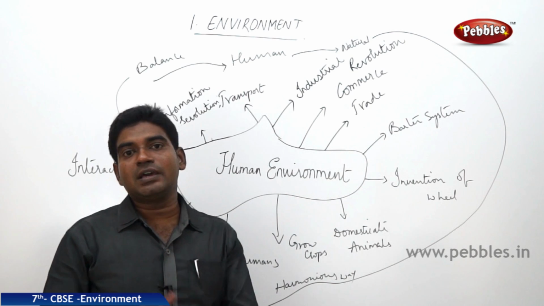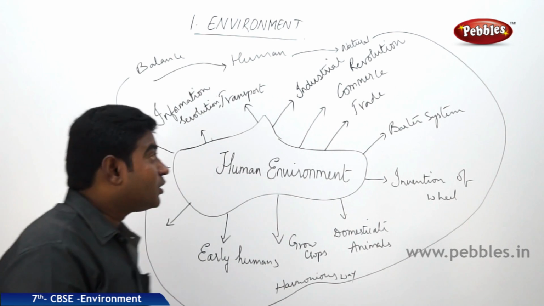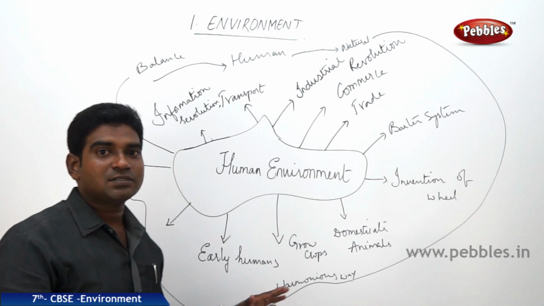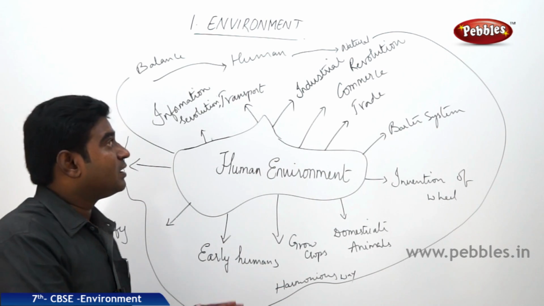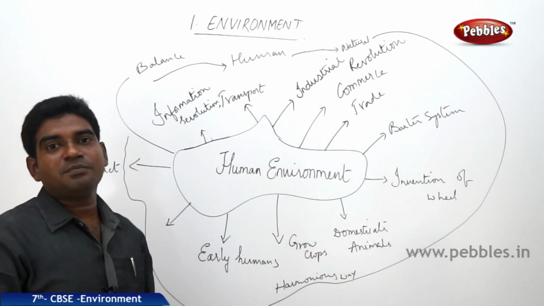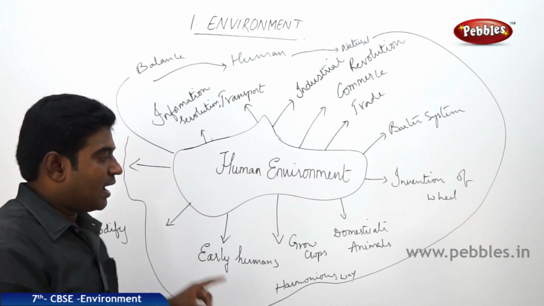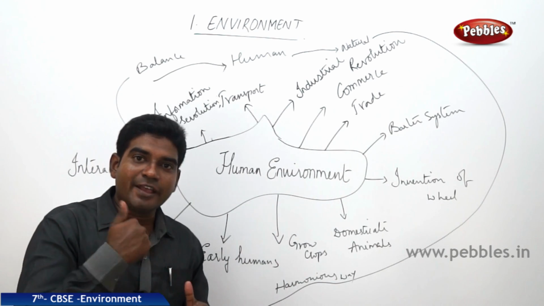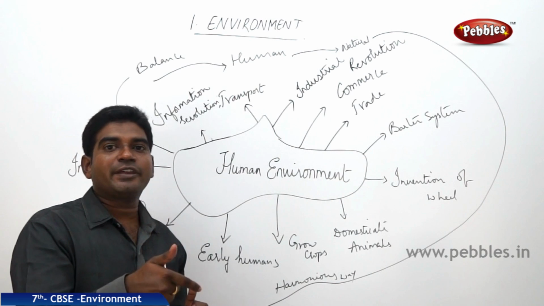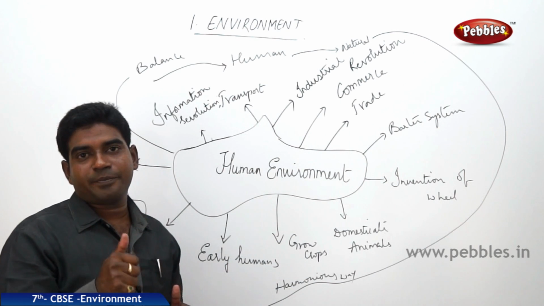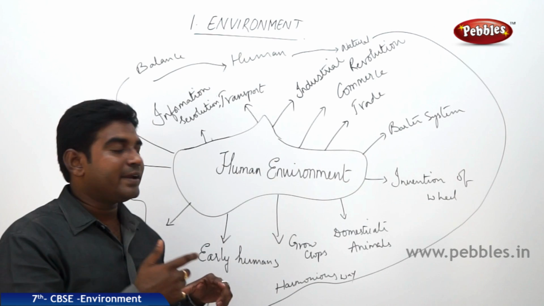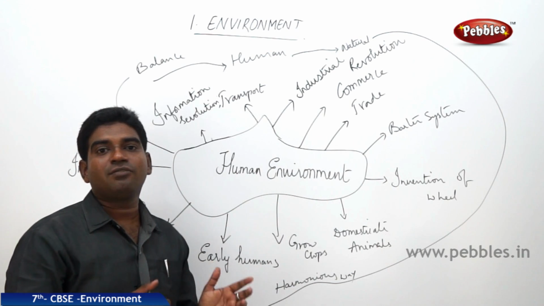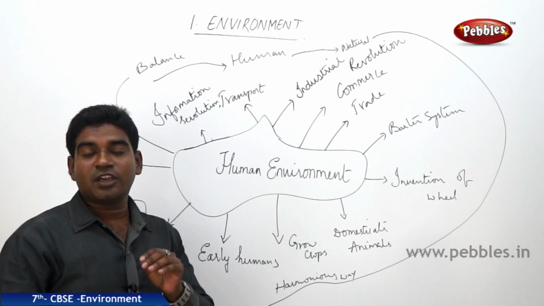So humans should learn to maintain the balance between the human-made and the natural system, and learn how to use natural resources for human requirements in a harmonious way. Then only the planet and the environment can survive. Then we cannot be scared.